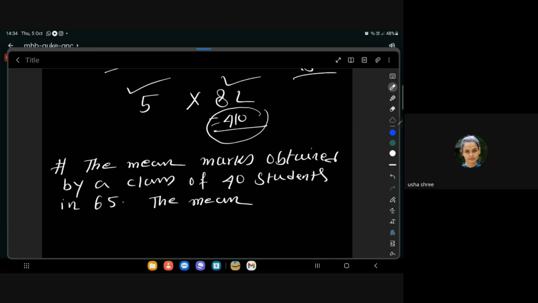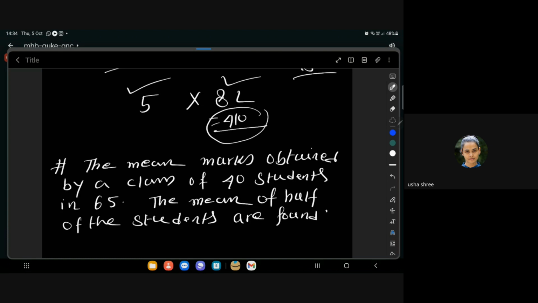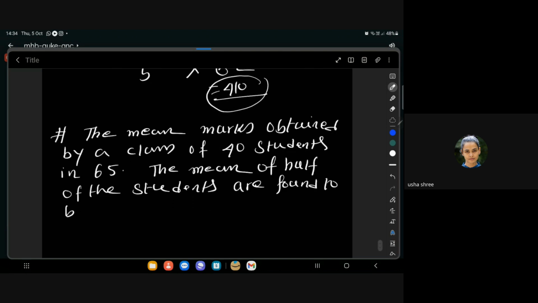The mean of half of the students is found to be 45.